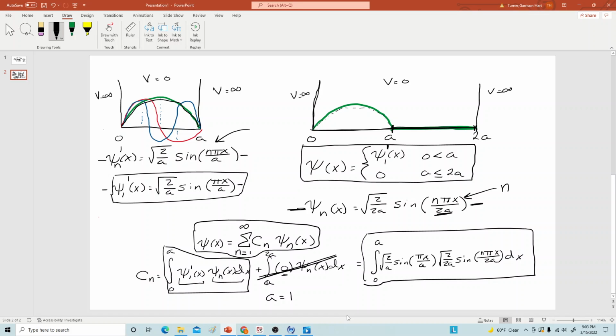And when you do that, this is just going to be the square root of 2. And the second one will just be 1, right? Because the 2 divided by 2 is 1, and if 1 over a, if a is 1, then that's 1 over 1.